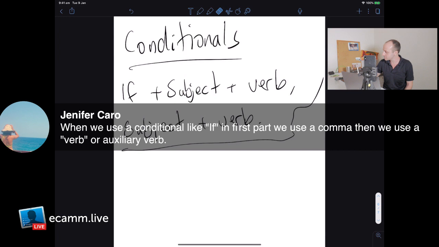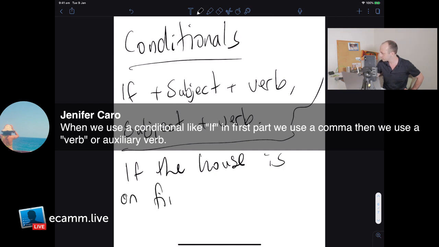But sometimes, if I write this sentence, if the house is on fire, get out. Right? If the house is on fire, get out. We use that little bit, simple, right? Just the base verb.